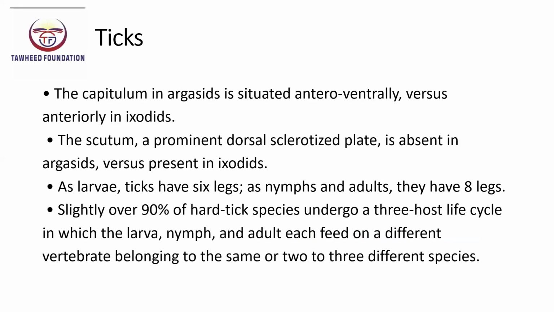Ticks have 6 legs in the larval stage and 8 legs as nymphs and adults. Most hard ticks undergo a three-host life cycle where the larva, nymph, and adult stages each feed on potentially different vertebrate hosts. Ticks have significant public health importance.